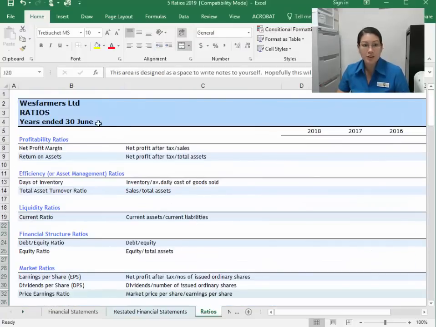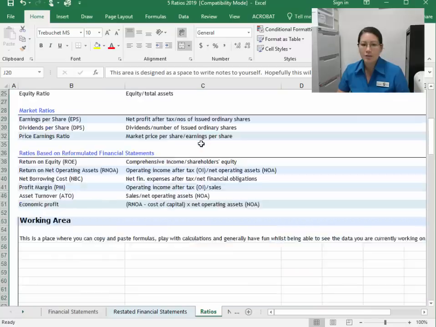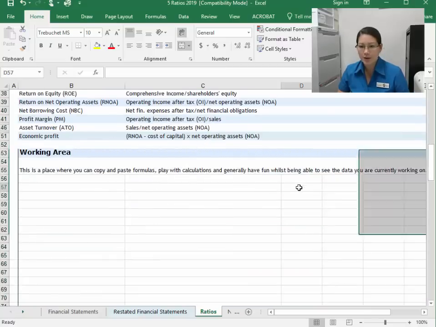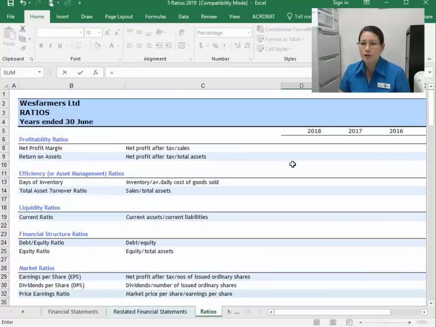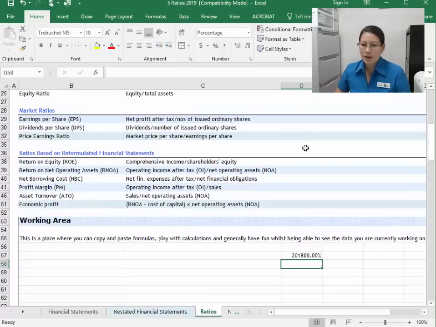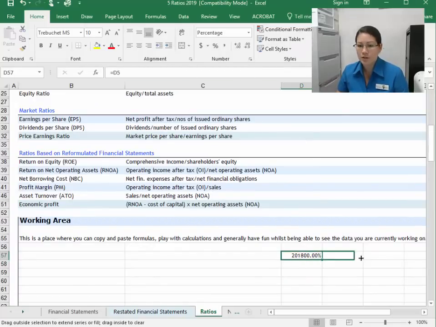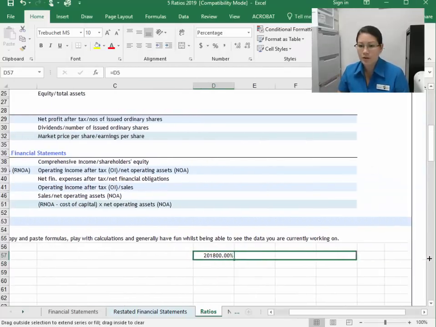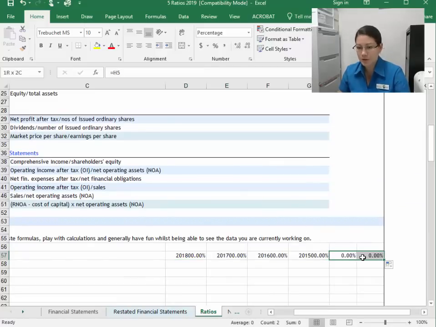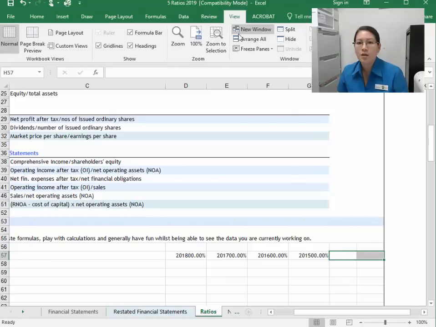So let's go to the ratios tab, and let's scroll right down to the bottom where it says the workings area. Let's link the years, so I don't have to do that again. Carry it across. I'm going to have to express this slightly smaller for you.